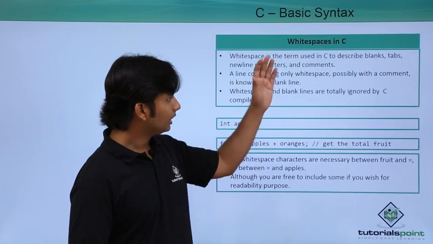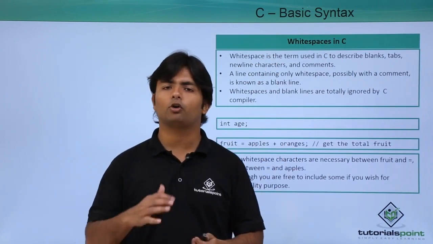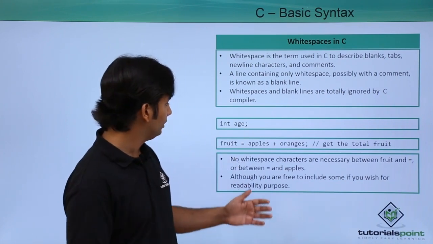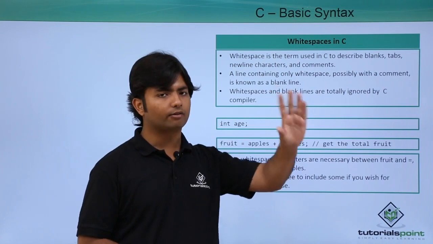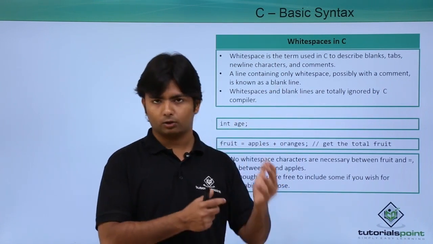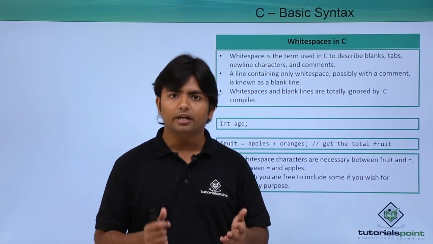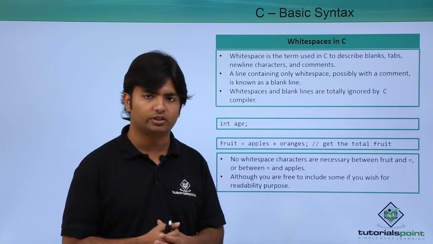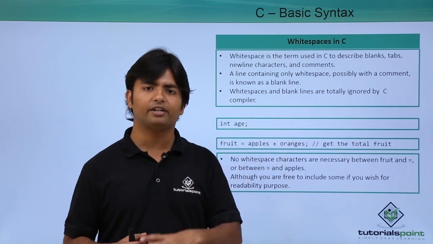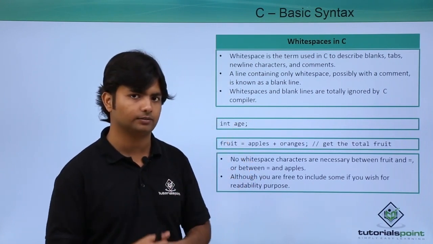Now let's talk about white spaces. White space is basically used in order to make your code readable. For example, when you are done with one line, after the semicolon you press enter for a new line, so that when any developer or any human reads the code, it will be easier for them to understand. Similarly, you can also use tab indentation to make your code more readable and clear.